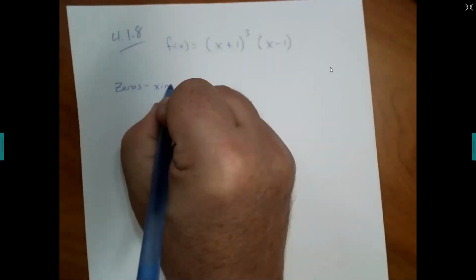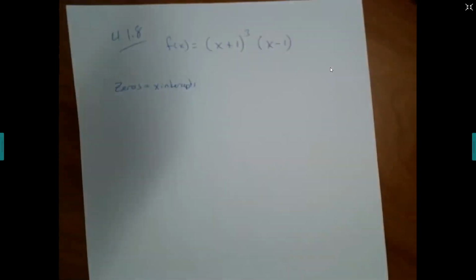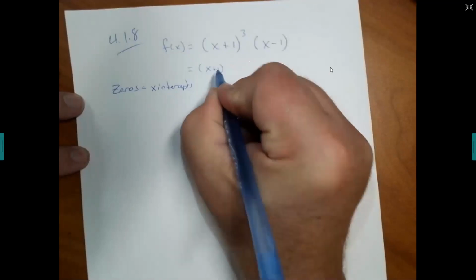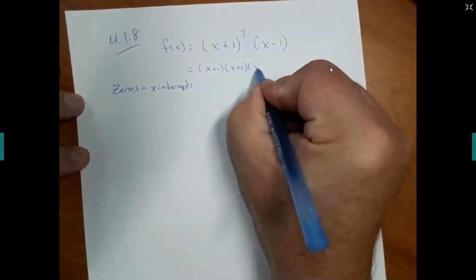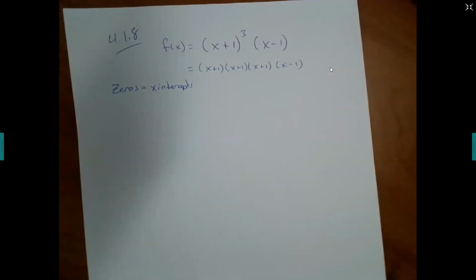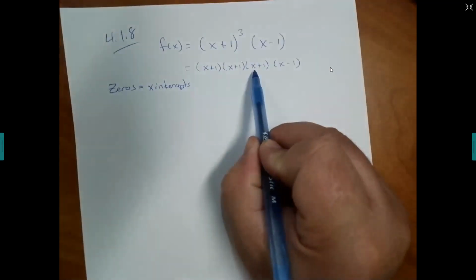Zeros are x-intercepts. How many solutions are we going to have here? 3. So x plus 1 to the third means this happens 3 times.